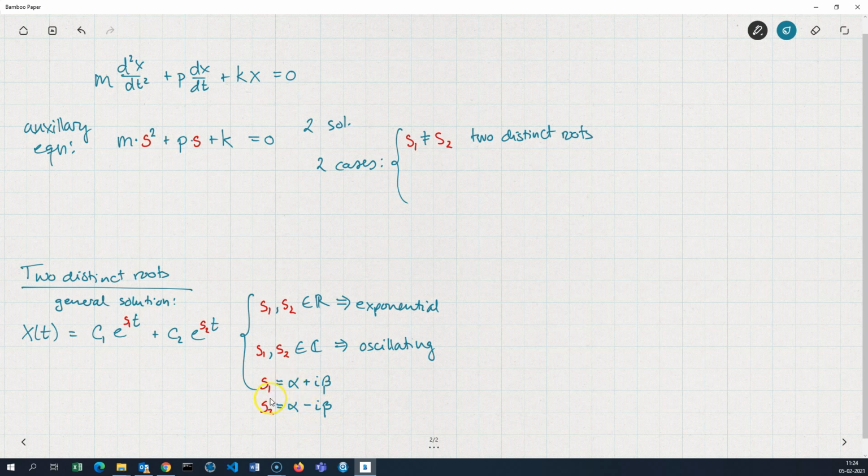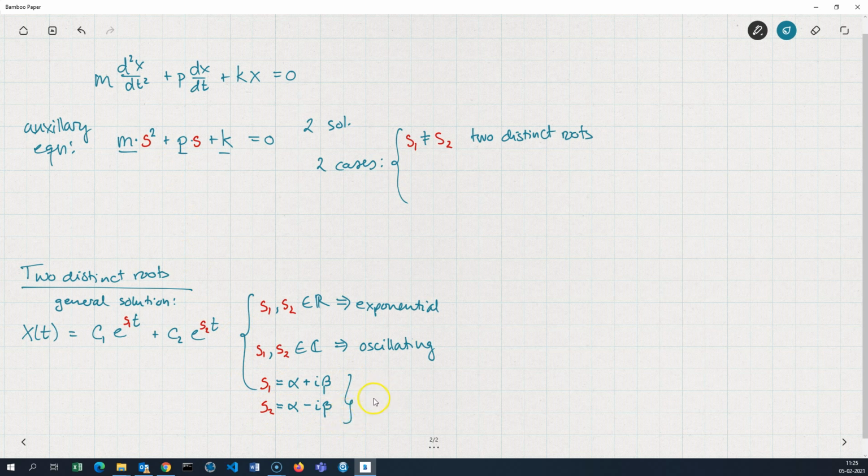So these two are complex conjugates, and it has to be that way because the original polynomial here has real coefficients. m, p, and k are real numbers. In that case, the possibly complex solutions to this equation will always show up in pairs of conjugates.